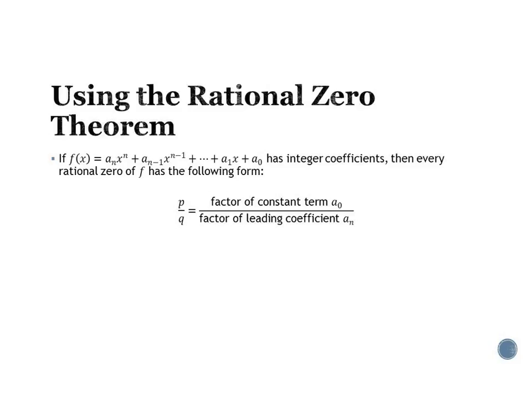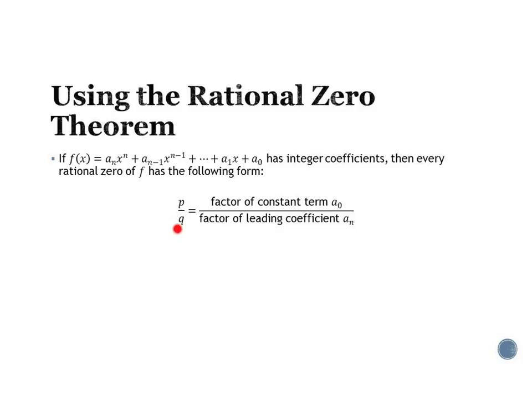It says if we have a polynomial, so remember this is just the standard form for a polynomial, that has integer coefficients, then every rational zero is going to be of the following form. Remember I said rational meant fraction.